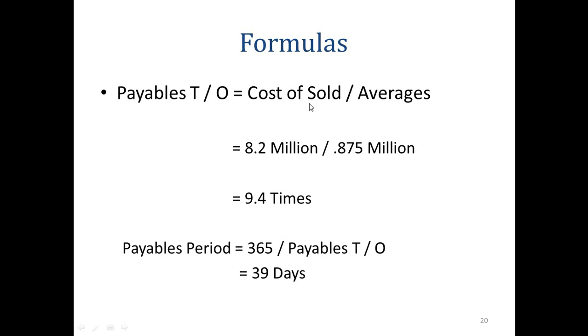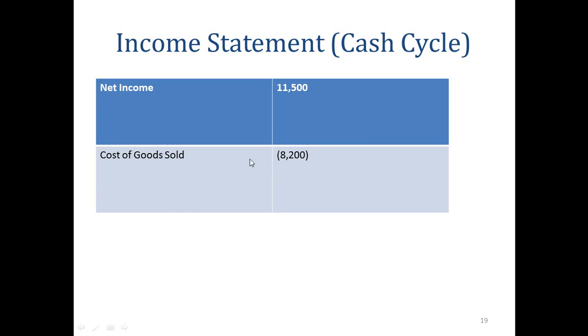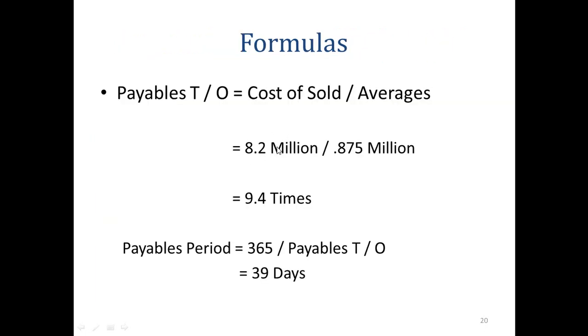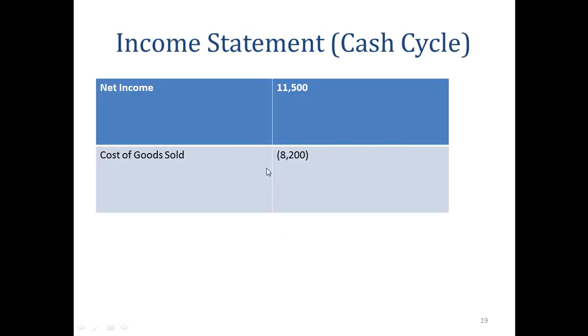Now, the payables turnover is the cost of goods we sold, the cost of goods that went into that product, over the average. So we sold 8.2 million. That's this. 8.2 of the cost of goods. On average, accounts payable was 0.875.